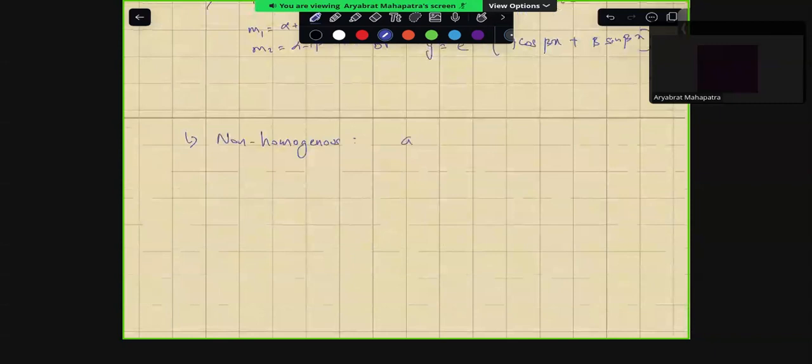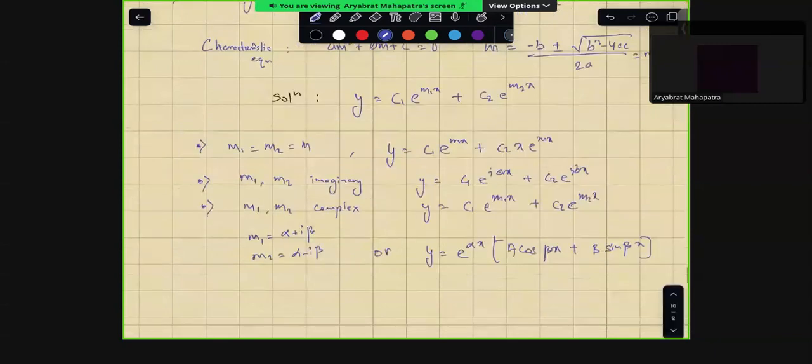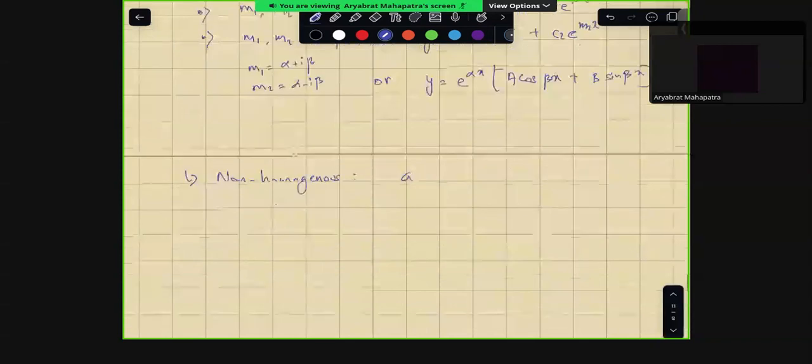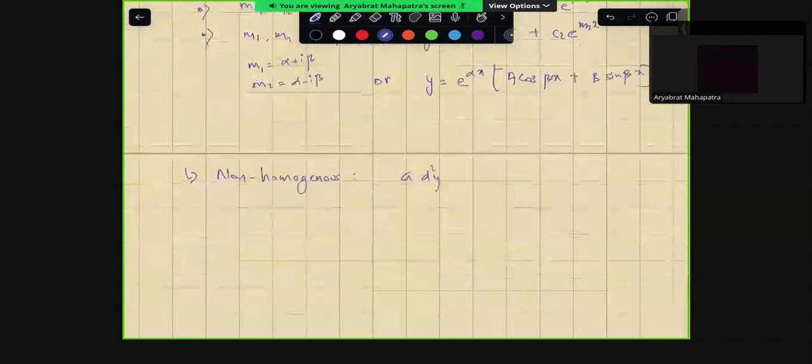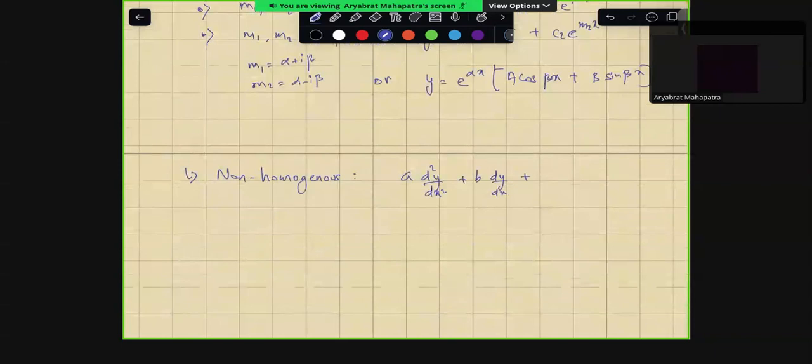You have some function represented as R of x here, and that is your non-homogeneous type differential equation.